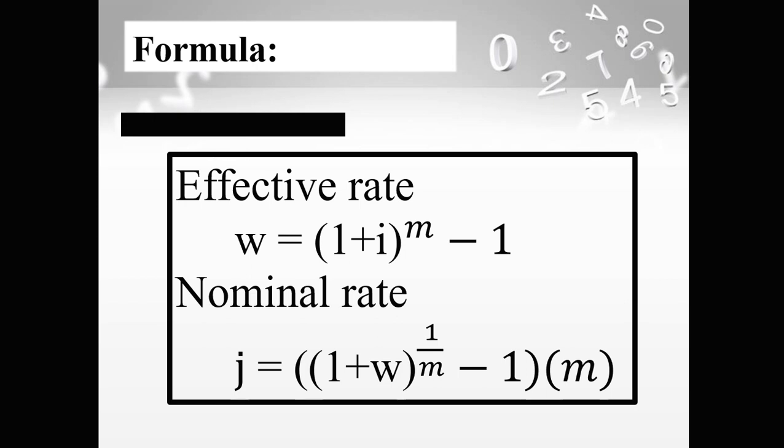So, these are the formulas for our two types of rates. First is the effective rate formula. We have W is equal to (1 plus I) raised to M, minus 1. Again, I stands for the periodic interest rate where the formula is J divided by M. So, ibig sabihin, before you solve the effective rate, you need to solve first the J divided by M, which is the I. And then next, formula for the nominal rate, we have J is equal to the quantity of (1 plus W) raised to 1 divided by M, minus 1, multiplied by M. W means it is an effective rate. Given po siya sa problem.